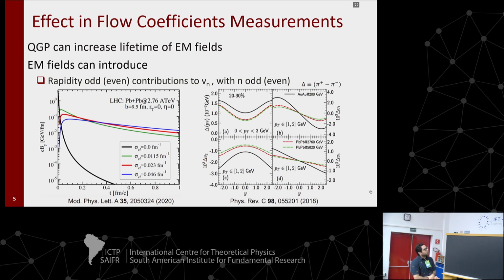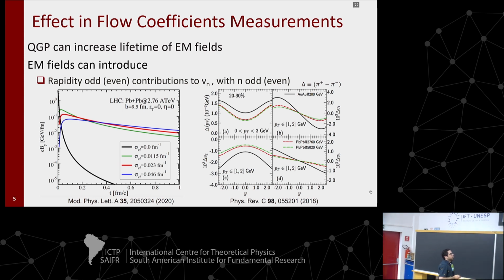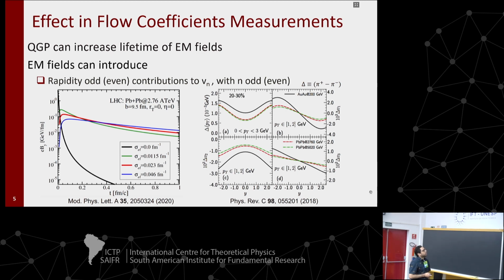Here we have the delta average pT, which is related to what we call the radial flow. V1 is related to the longitudinal flow, and you have also V2 and V3 with effects from this electromagnetic field. They can be generated totally, one part generated totally, by the effect from the electromagnetic field.